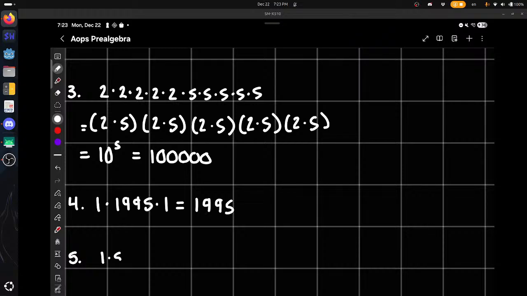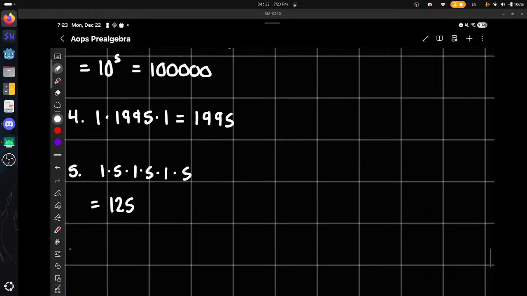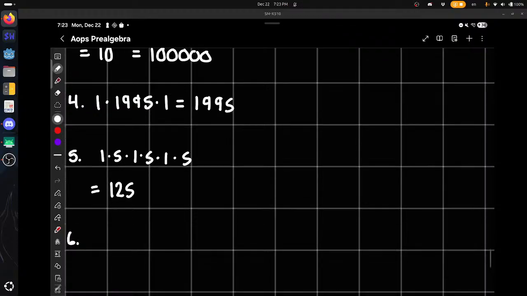This one is similar. Not really. We have 25, then 5, that's 125. Right? And then we have 6, but it has 3 problems.